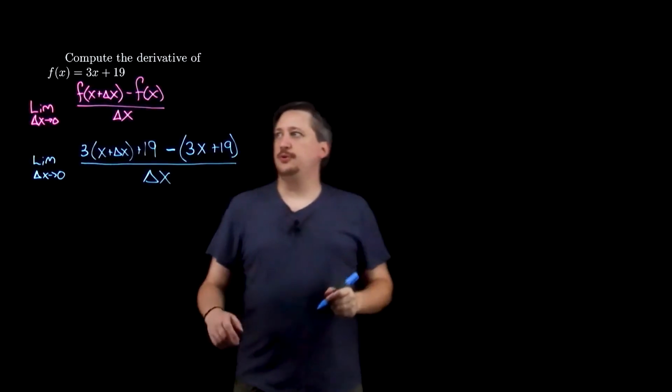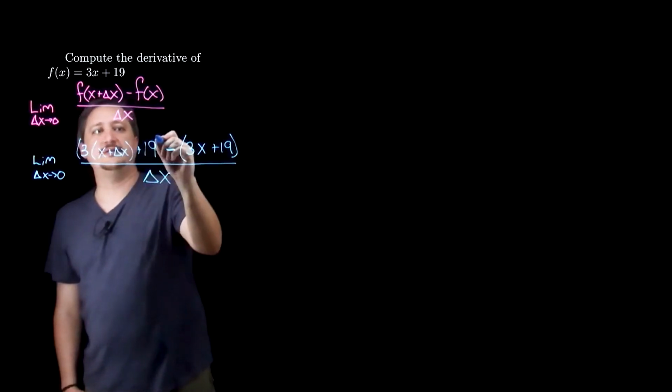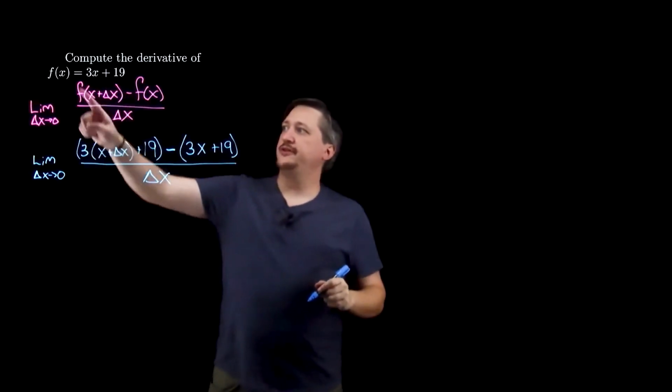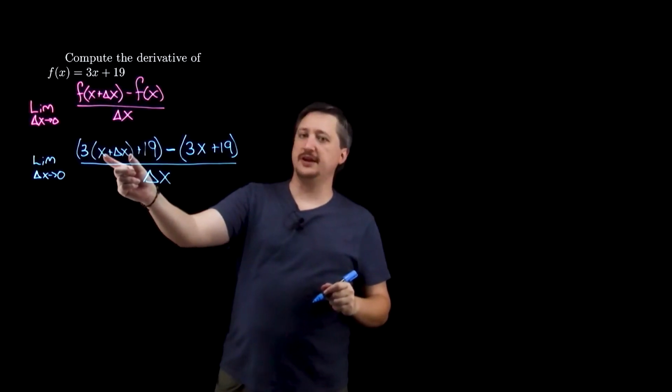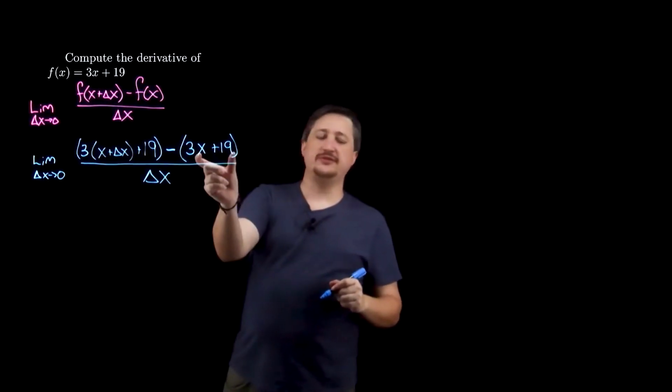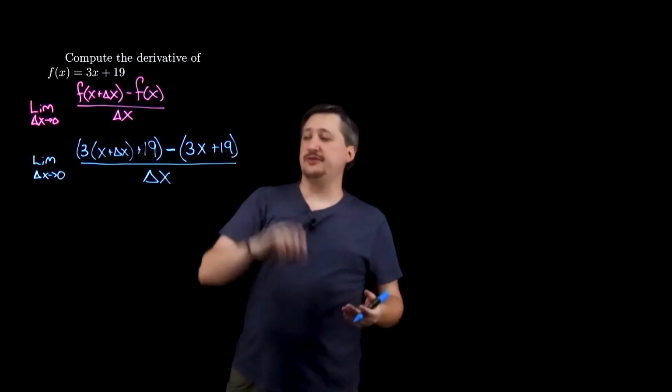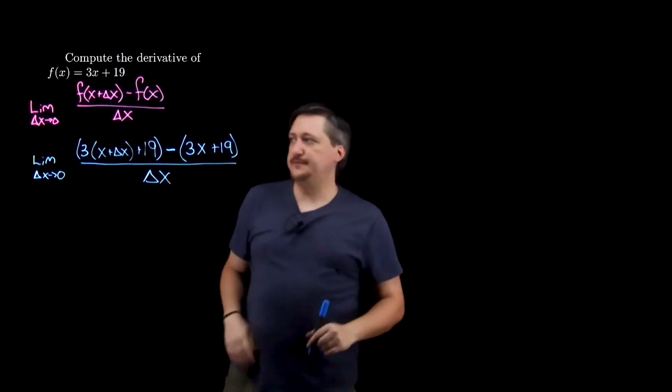Right? So to be clear, this is that first f of x plus delta x, so I plug the x plus delta x in wherever there's an x in my original definition, and then just the f of x, which is just the original definition, and then my delta x.